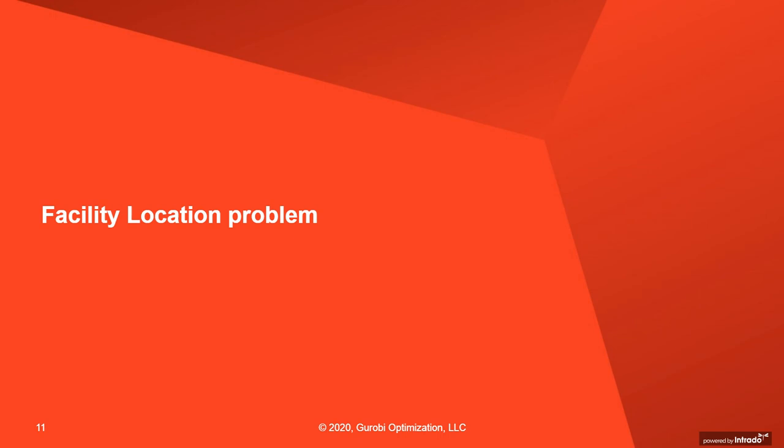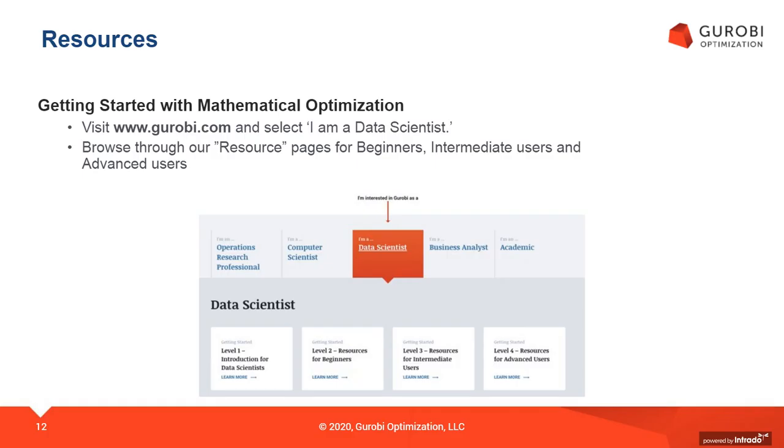And these two demos that I've just shown you are great examples of what you can actually achieve with this when you put it into your application. So great, these are awesome examples. What's the next step? So if you want to get started with mathematical optimization, then you can just go to our website and select I am a data scientist. And then we have plenty of resources for everybody who's getting started to even advanced users and experts.